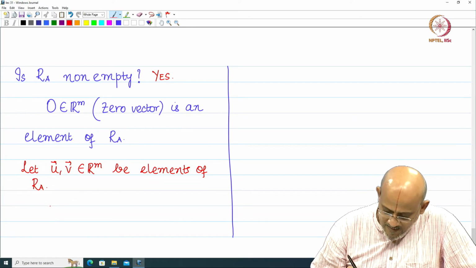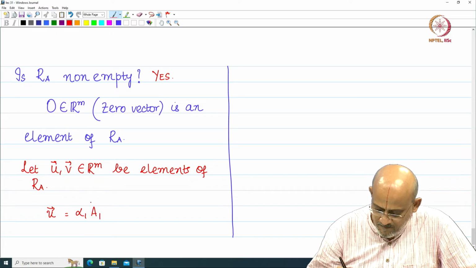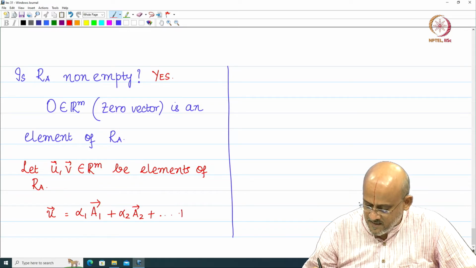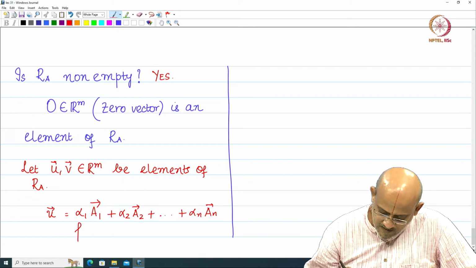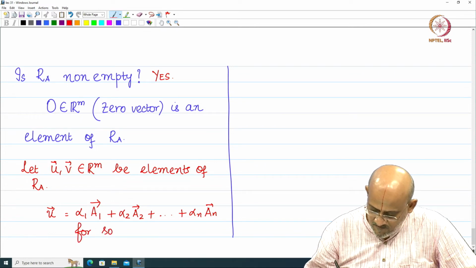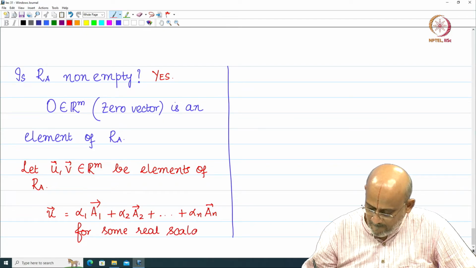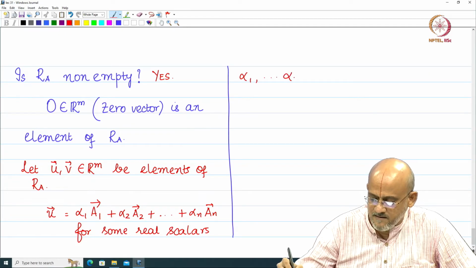What does that mean? I can write this vector U as, let us say, alpha 1 A1 plus alpha 2 A2 plus etc plus alpha n An for some real scalars alpha 1 to alpha n.